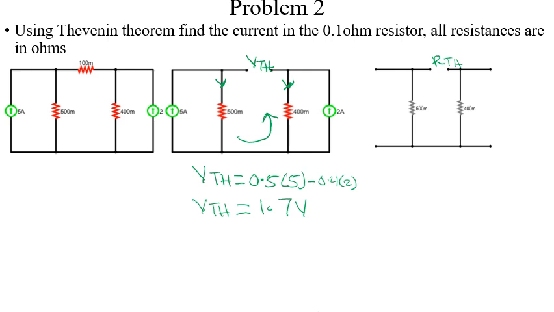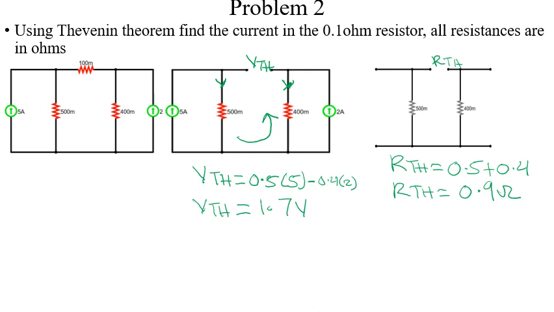We realize that the 0.5 and the 0.4 ohms are all in series. So our RTH is equal to 0.5 plus 0.4, so our RTH is equal to 0.9 ohms.